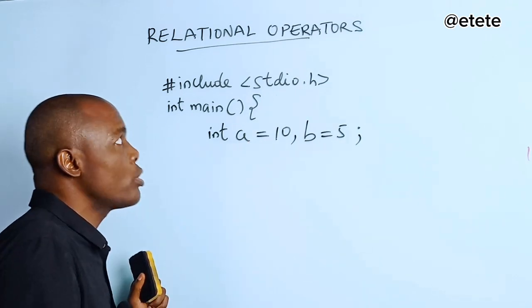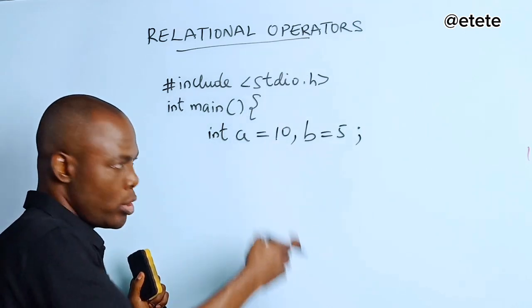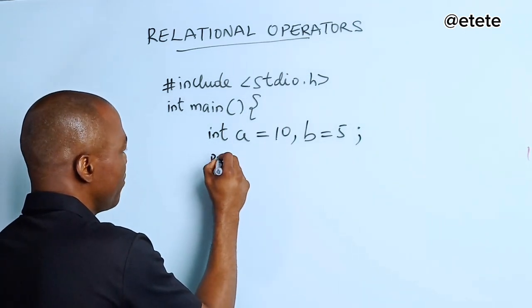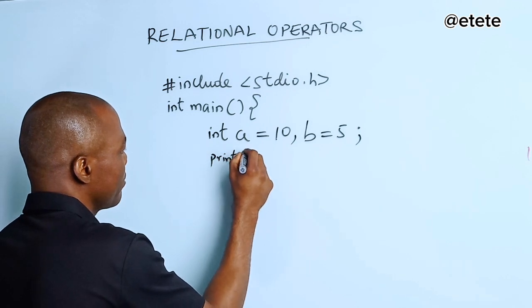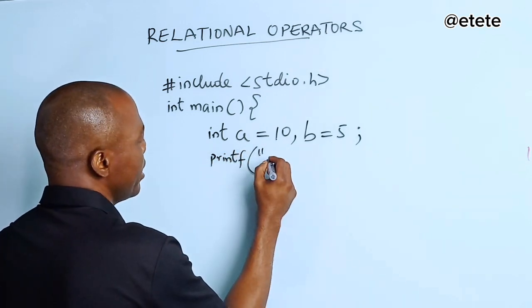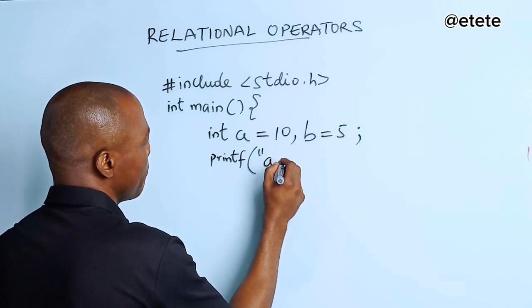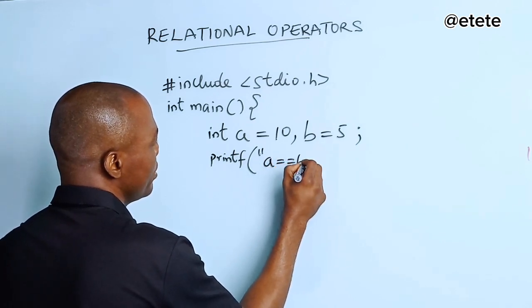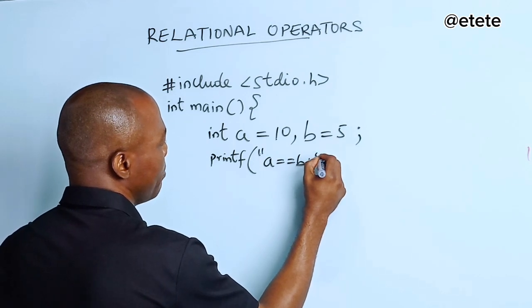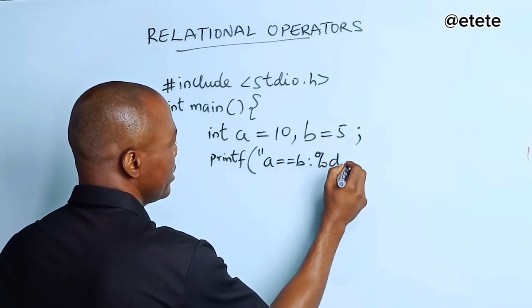Now we are going to use these relational operators to check their relationship. Then we'll come here and say printf. In this place, I will say a equals to b. Then I will say percentage d.